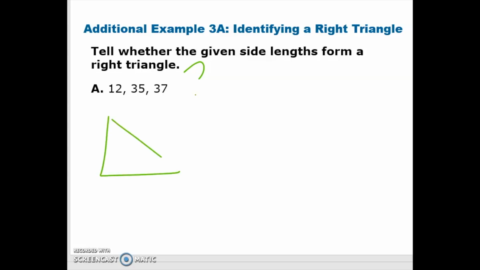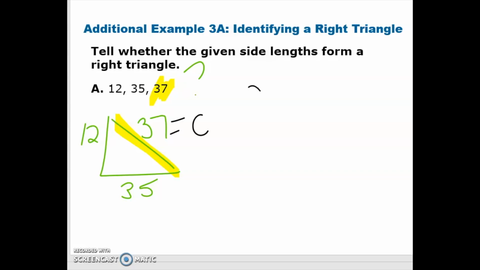But we don't know if it's a right triangle. One of the sides is 12, one of the sides is 35, one of the sides is 37. Sometimes people are confused and think, I have no idea which one should be the legs and which one should be the hypotenuse. Remember, the hypotenuse is always the longest side. So whichever value is the largest is the value you plug in for c. It doesn't matter which one's a and which one's b.